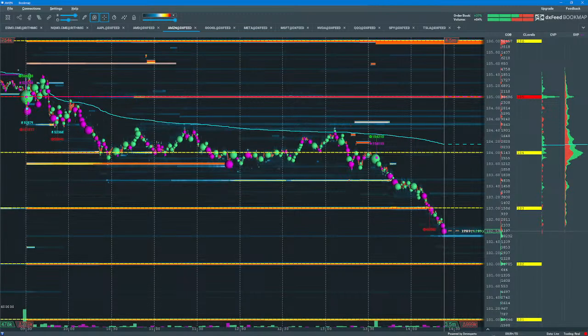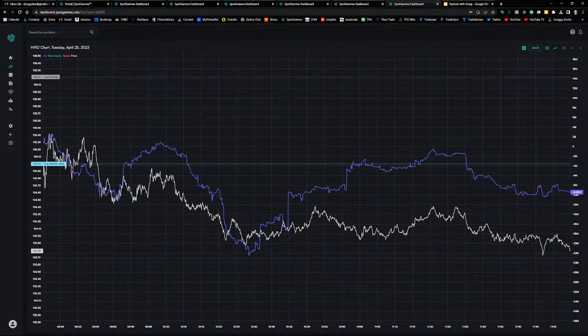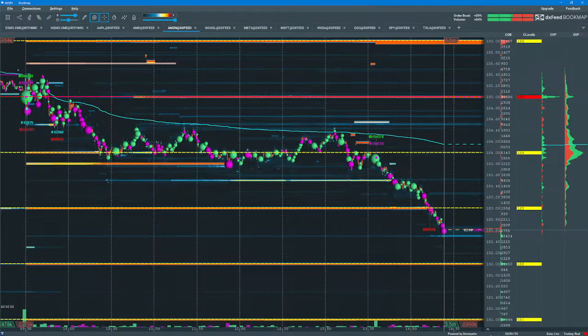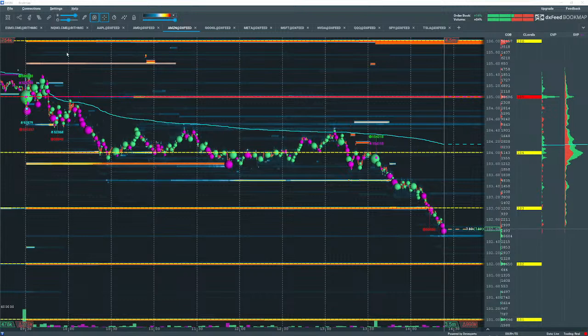So 105, again, that's the key gamma strike, and price reverses lower. RJ says there was a test of the key gamma strike at 10 o'clock.